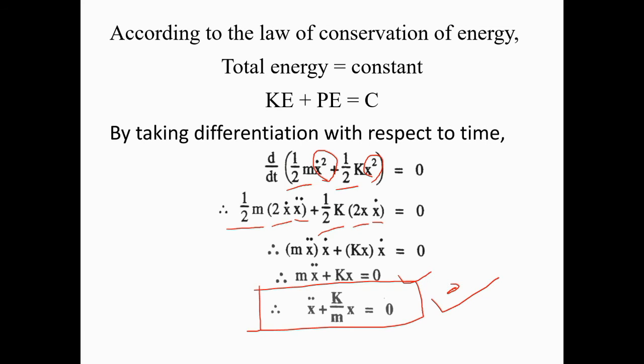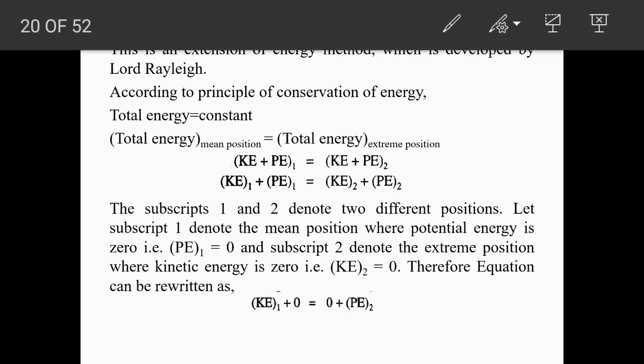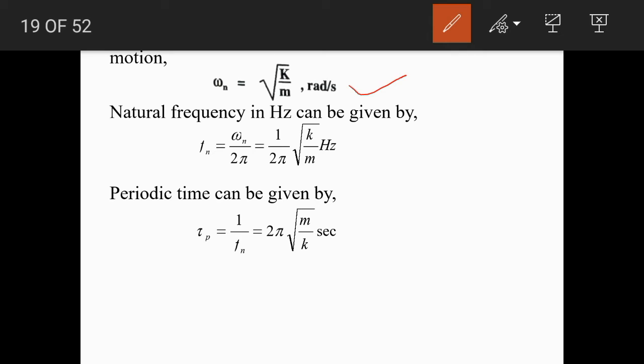Now by comparing this with the equation of motion of simple harmonic motion, we get the natural frequency omega n as square root of k by m radian per second. Frequency in hertz is omega n divided by twice pi, so it would be 1 by twice pi square root of k by m hertz, and periodic time is the reciprocal of frequency in hertz, so it is twice pi square root of m by k second.